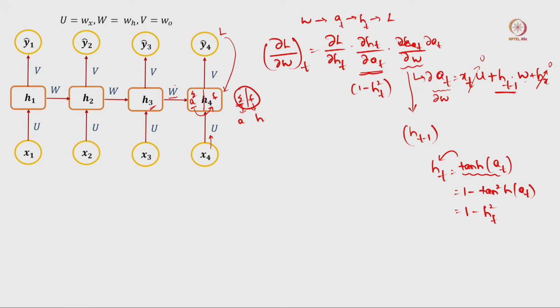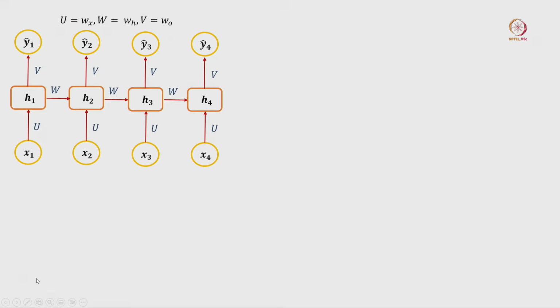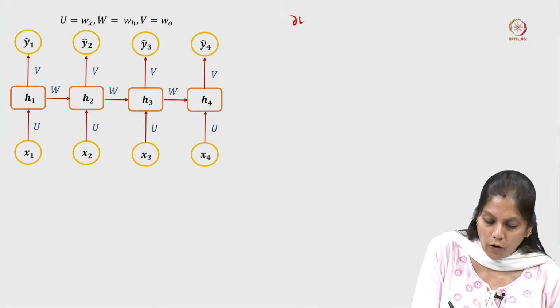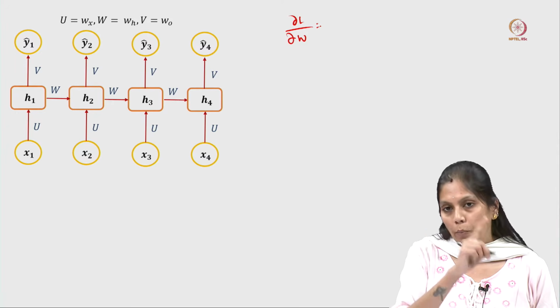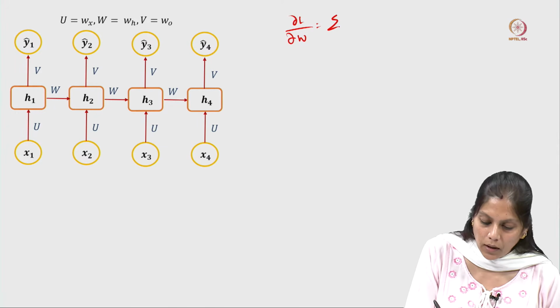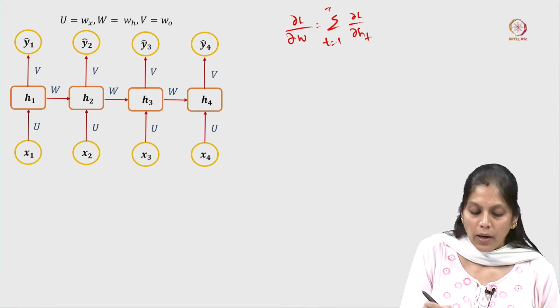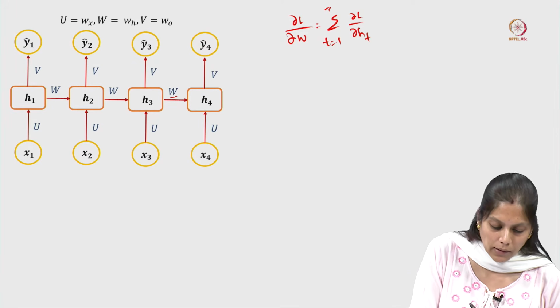Now what we need to compute is this term. So I am going to erase this and re-look into it once again. What we have calculated so far is the derivative of loss with respect to WF. The overall, for time t equal to 1 to capital T, is the derivative of loss with respect to HT, because you are computing for WF.